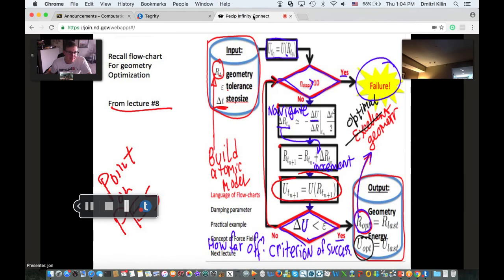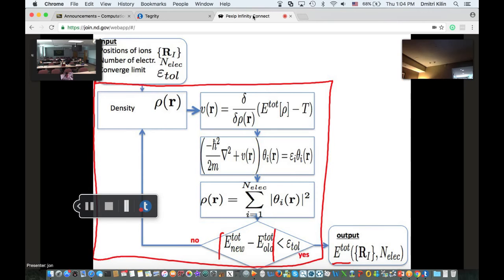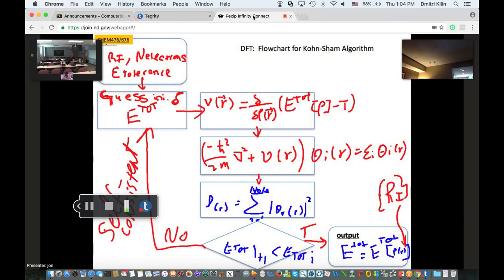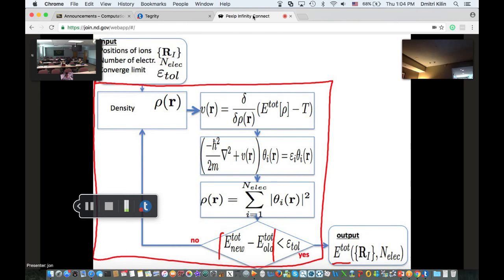Back one? Seriously? That's what I cut. This one. I'm gonna stop here. Okay. Shoot. Okay. Well, I don't know where I stopped.